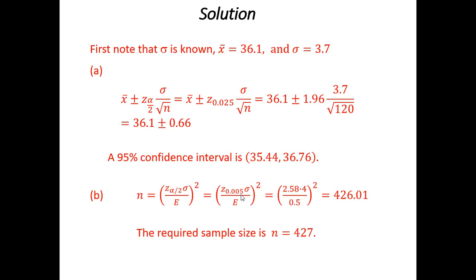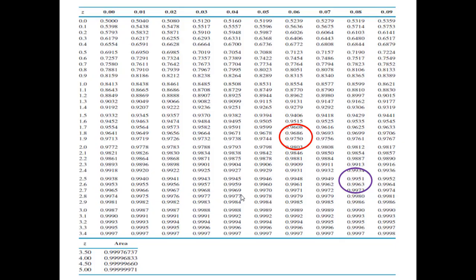So if we were looking up this value, think about the right tail, I would have 0.005 in the right tail, which leaves 99.5% in the left tail, or as a decimal, it leaves 0.995 to the left.